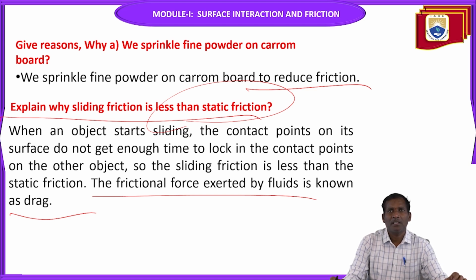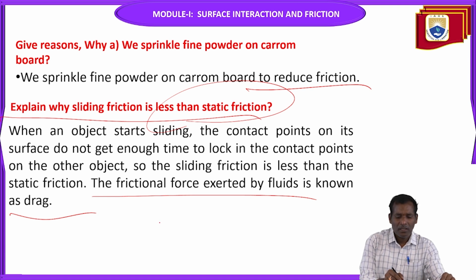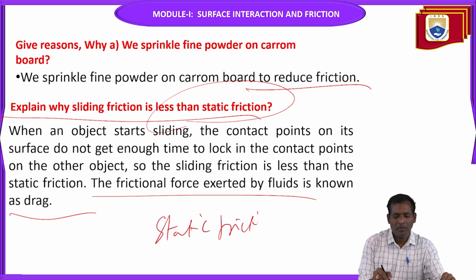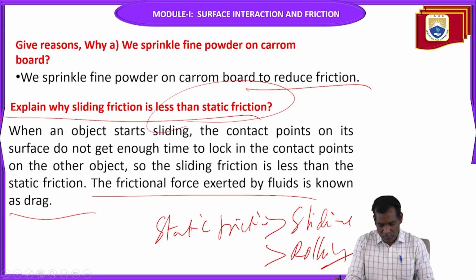The reason behind this is that the contact points on its surface do not get enough time to lock in with the contact points on the other object. So static friction has a higher value than sliding friction, then rolling friction. Rolling friction has the lesser value.